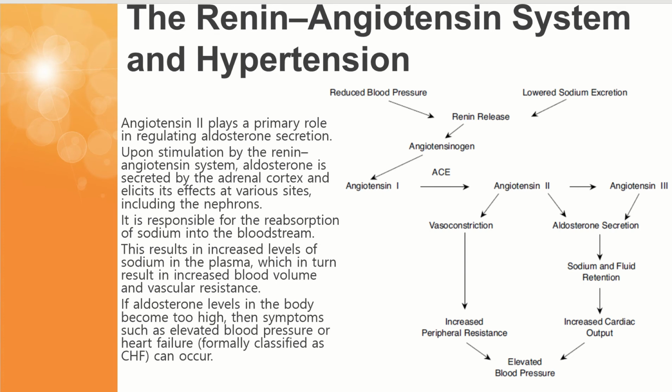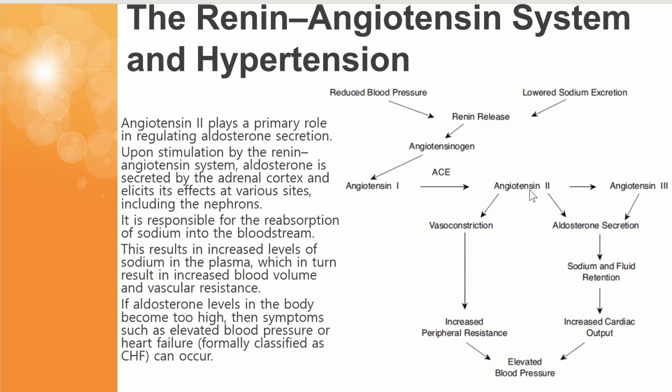All right, so angiotensin 2, as we saw earlier, plays a primary role in regulating aldosterone secretion. Upon stimulation by the renin angiotensin system, which we can call RAS, aldosterone is secreted by the adrenal cortex, which we also mentioned, and elicits its effects at various sites, including the nephrons.